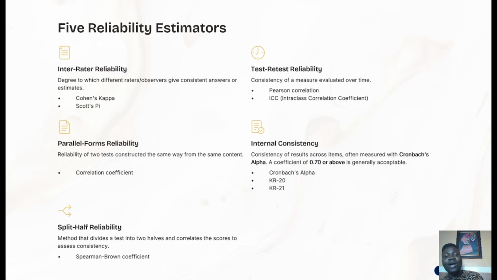So we can also have another one, which is test-retest reliability. In education research, let's say the students are writing a comprehension passage on a particular topic, and we have a method of scoring them, and we want to be sure that that thing is correct. This type of one, we use test-retest reliability.